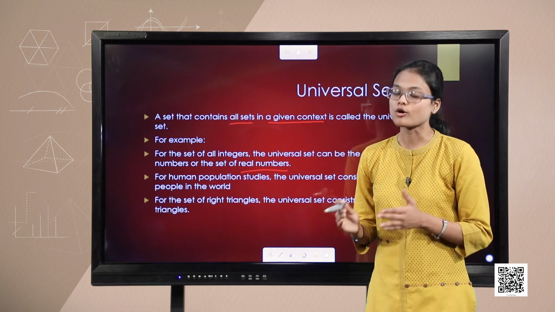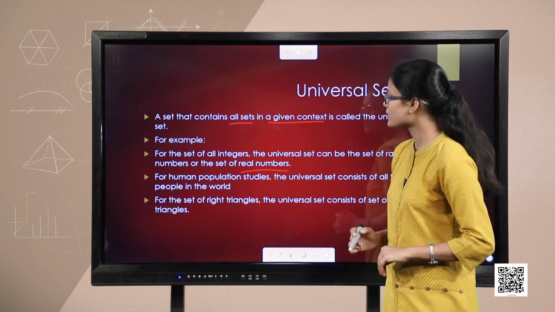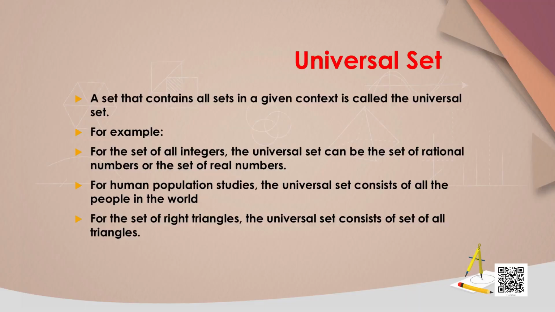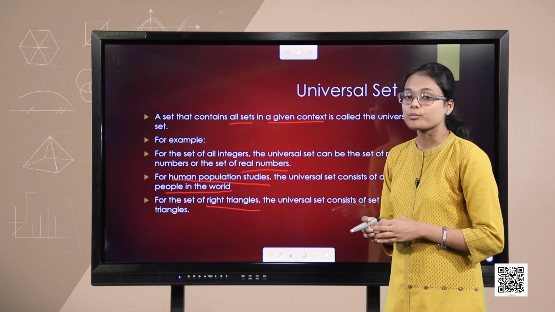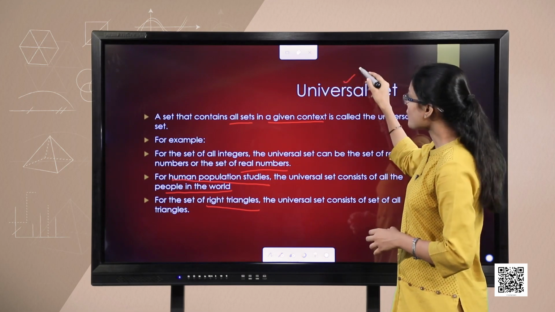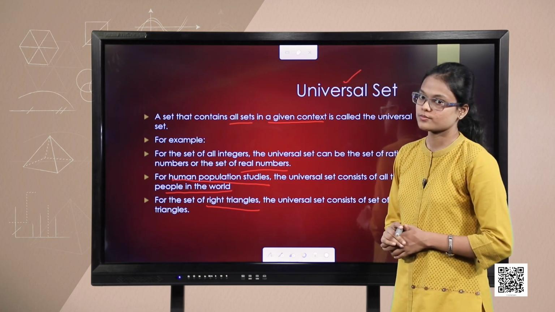It can differ from context to context. Next example, for human population studies, the universal set consists of people in the world. Last example, for the set of right triangles, the universal set can be the set of all triangles. Students, hope you have understood what is a universal set.